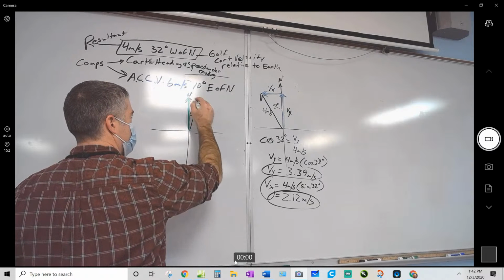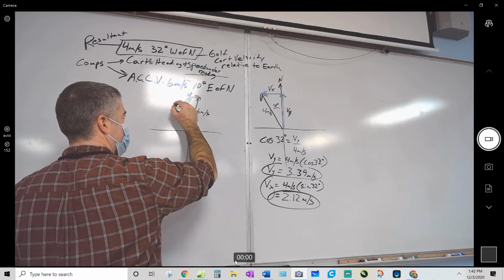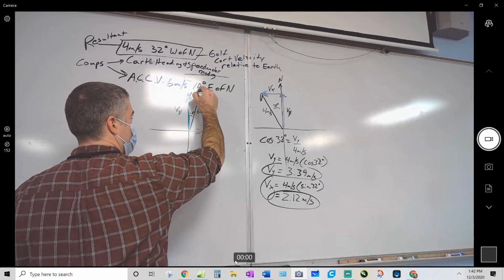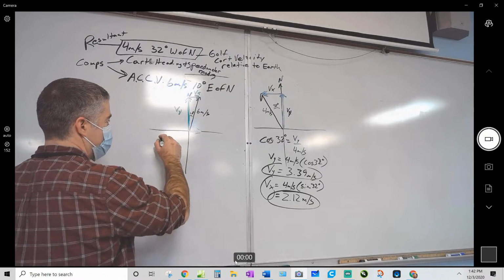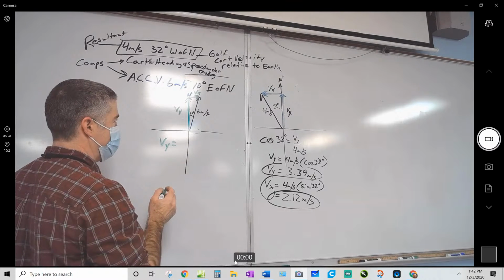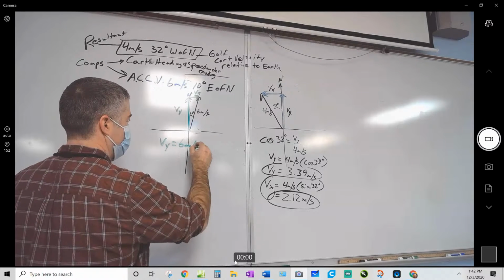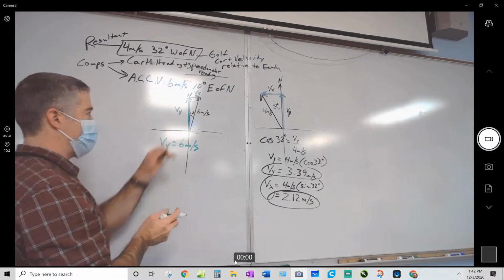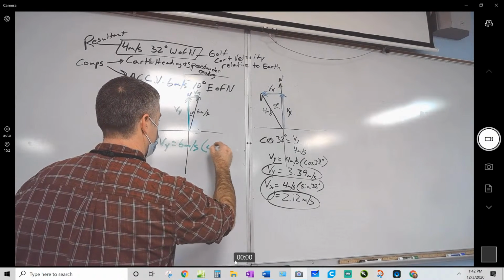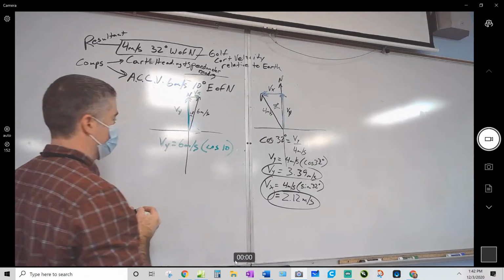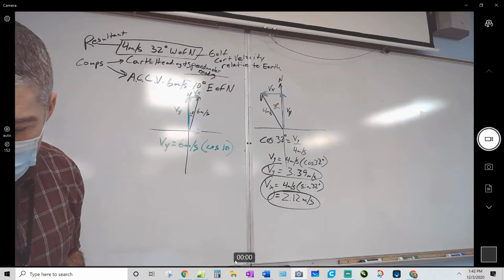So here's the y component, here's the x component. So in this case, Vy is going to be 6 meters per second times what? Cosine or sine of 10? Anyone? Cosine of 10. So calculate that out for me.